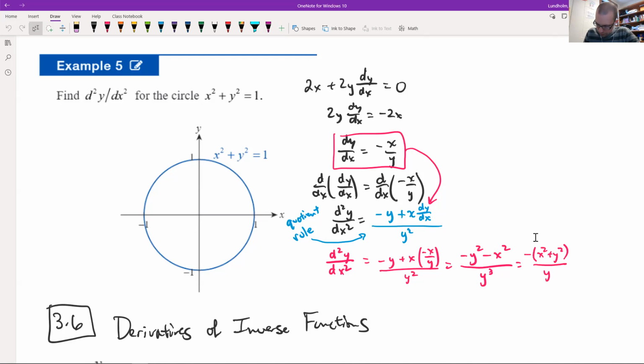So that's y cubed on the bottom. But since we're on this circle, and for this circle, x squared plus y squared equals 1, we can simplify this even one step further and say that -1 over y cubed is the simplest way to write the second derivative.